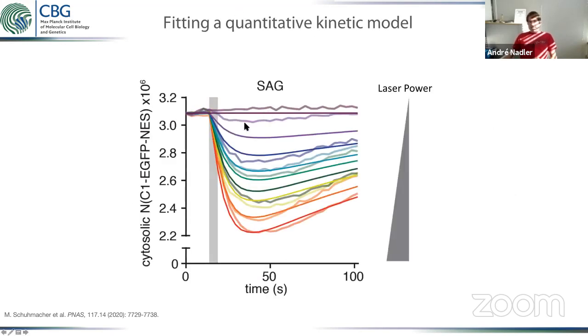These individual traces here are for different laser powers. For the higher laser powers, we uncage a lot, and for the lower ones, there's almost nothing. So you can essentially titrate the responses. This is also a necessary requirement to actually fit the data, because otherwise you don't get enough constraints on the model.